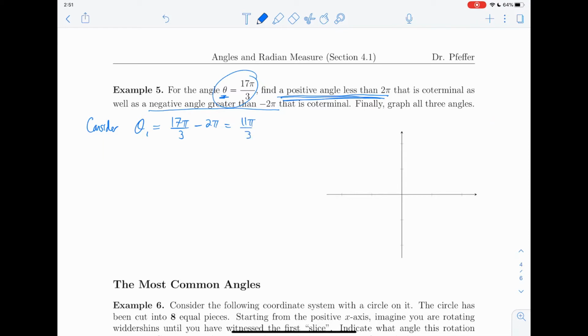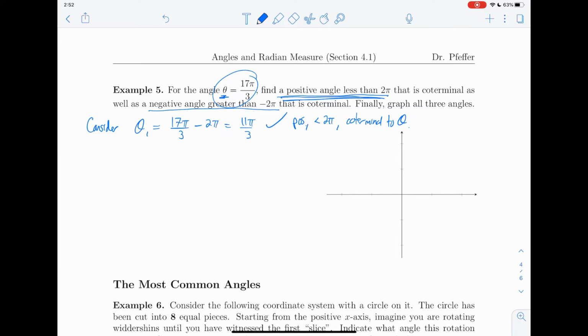This is indeed positive, so we can give ourselves a check. It's not just positive, it's positive, less than 2 pi, and coterminal to theta. That hits all the checkboxes.